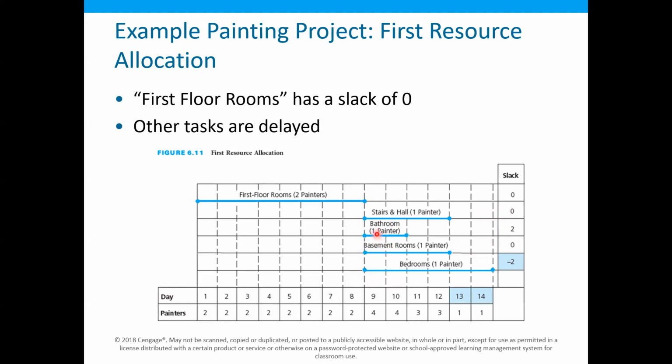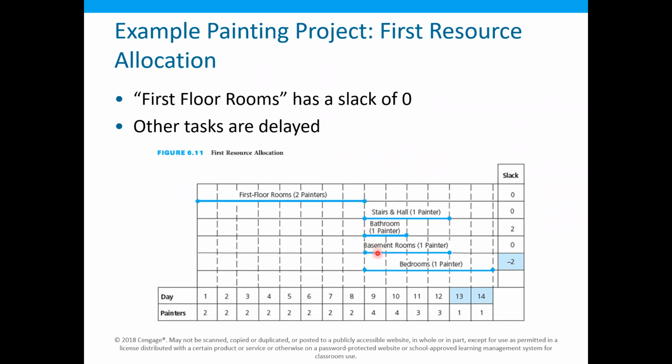The bathroom has a slack of 2 days, so this does not have the priority. But stair and hall and the basement room both have the same slack, and we can only apply a painter to one of these activities. So we have to choose either stair and hall or the basement room.